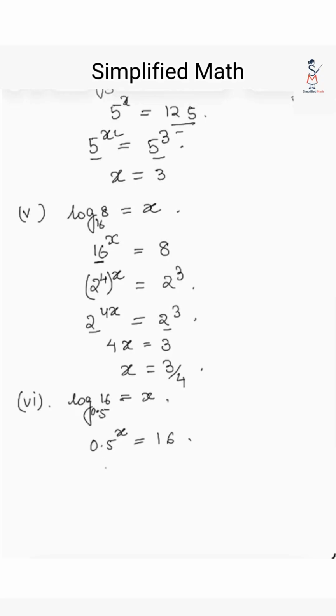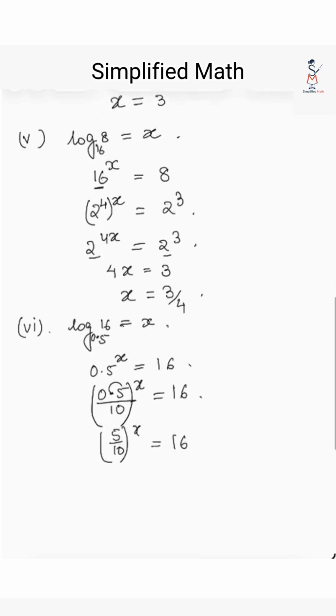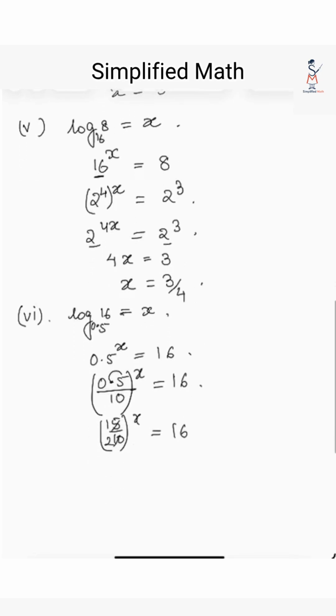Now 0.5 will be written as 5 by 10; we remove the decimal and put a 10 at the bottom. This is how we remove the decimal. So 5 by 10 to the power x is equal to 16. Now 5 ones are 5, 5 twos are 10. So this has become 1 by 2 to the power x is equal to 16.